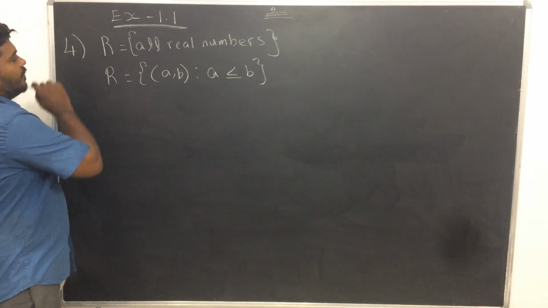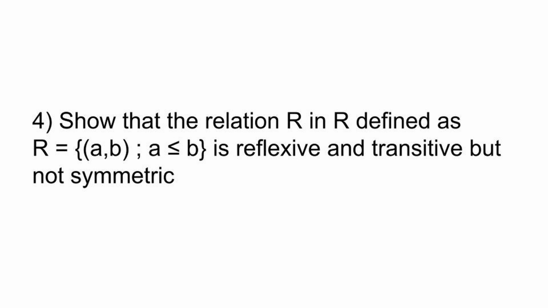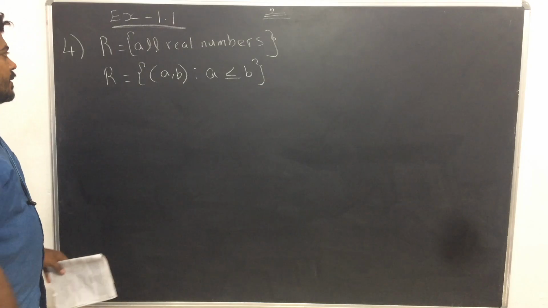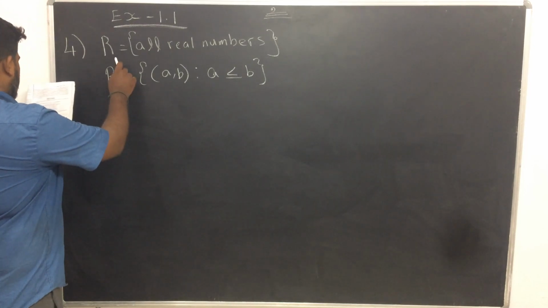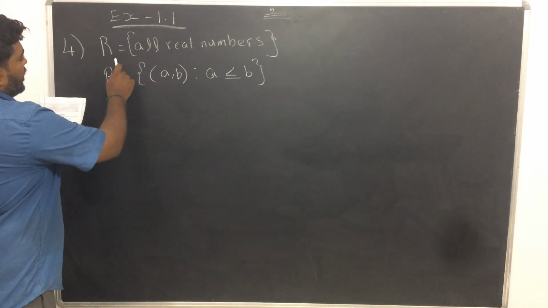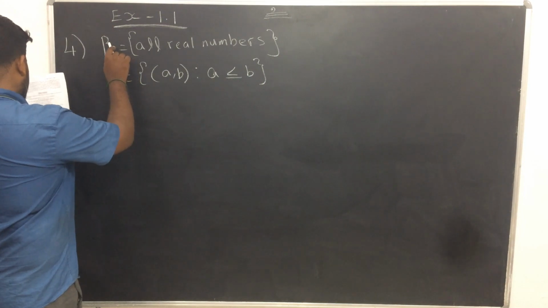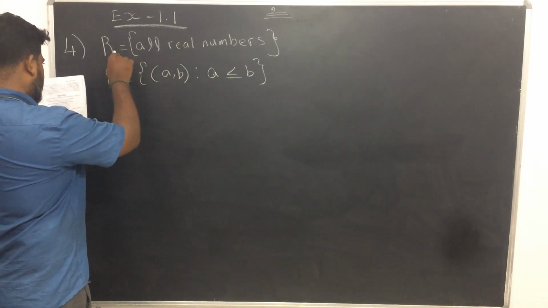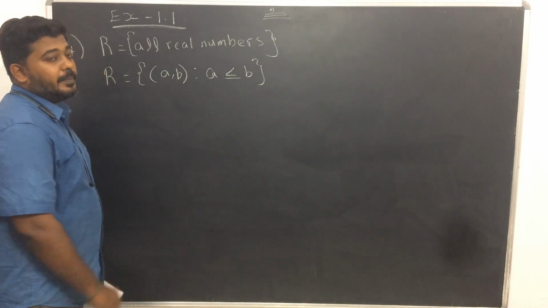Exercise 1.1, fourth sum. So, what is the fourth sum? Show that the relation R in R defined as R = {(A, B) such that A ≤ B} is reflexive and transitive but not symmetric. Here, they have given you the set R, which is nothing but all real numbers, and the relation is defined on this set such that R = {(A, B) : A ≤ B}.